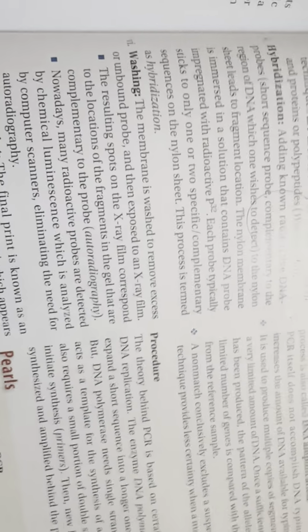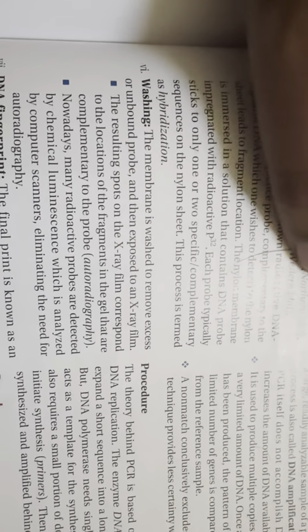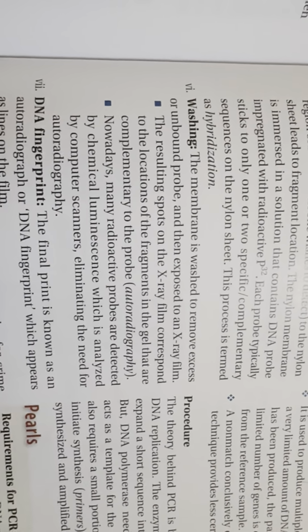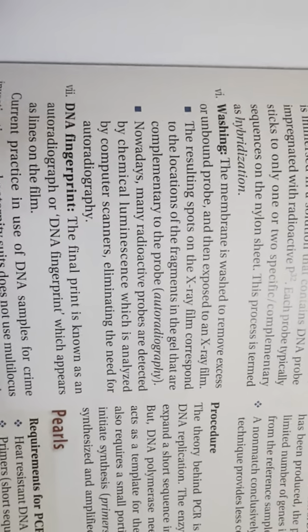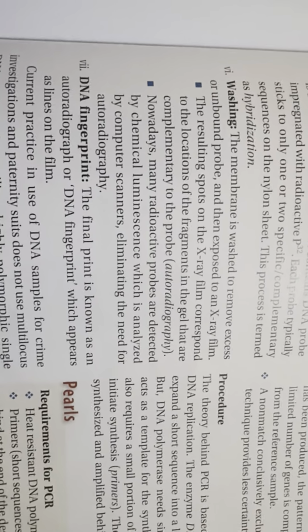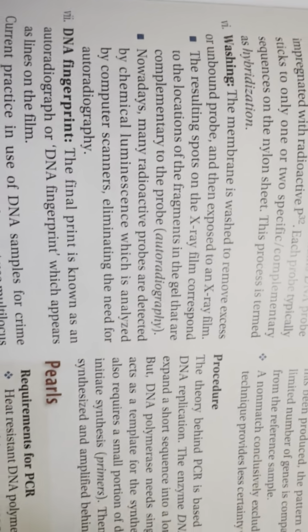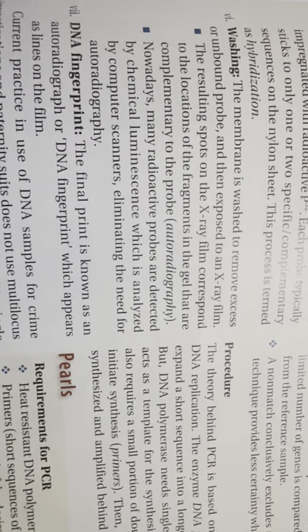The resulting spot on the X-ray film corresponds to the location of the fragment in the gel that is complementary to the probe, known as autoradiography. Nowadays, many radioactive probes are detected by chemiluminescence, which is analyzed by computer scanners, eliminating the need for autoradiography.